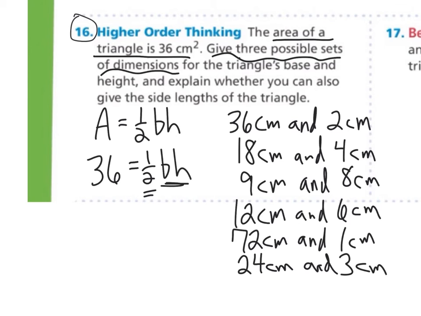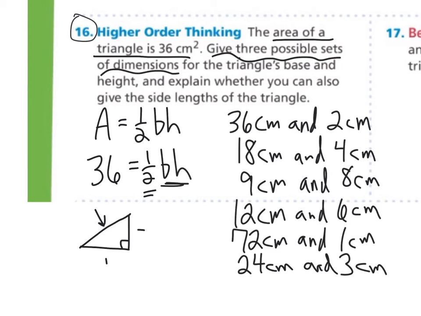And for this problem, we would not be able to tell what the side lengths of the triangle are. Technically, as you go on in math, if this were a right triangle, which we don't know that, if it were a right triangle, the base and the height would be 2 of the sides, and we would be able to figure out the third side.